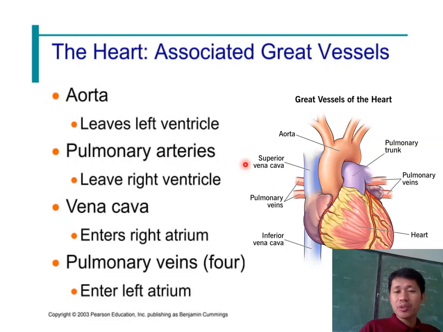The pulmonary trunk is where the blood goes after leaving the right ventricle. Same thing with the vena cava, it is where the blood comes from to fill the right atrium, and the four pulmonary veins are where the blood passes through to fill up the left atrium.